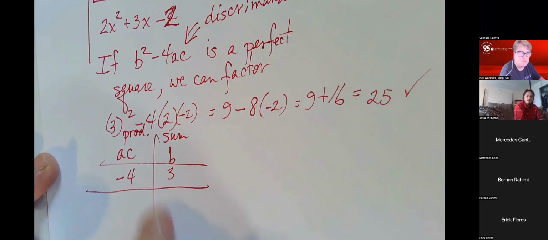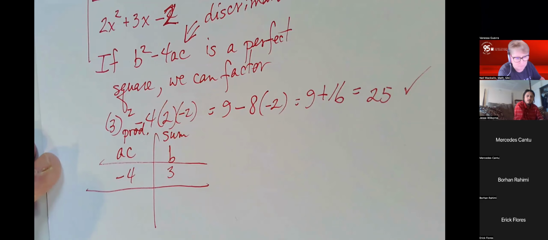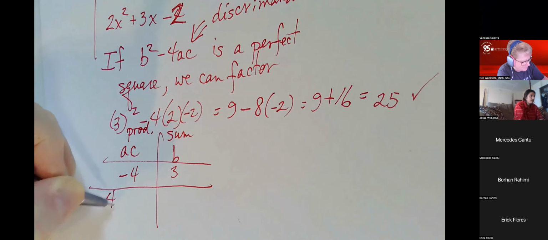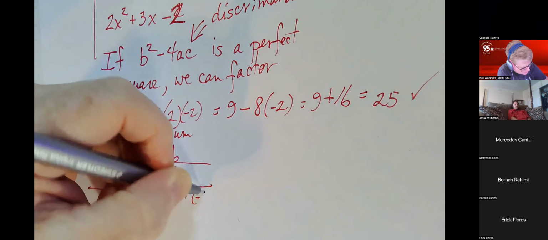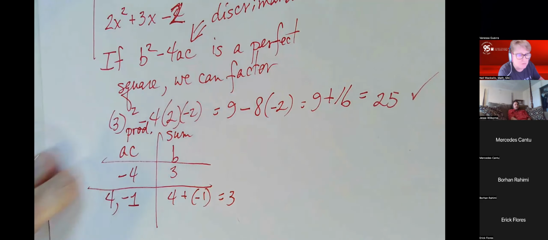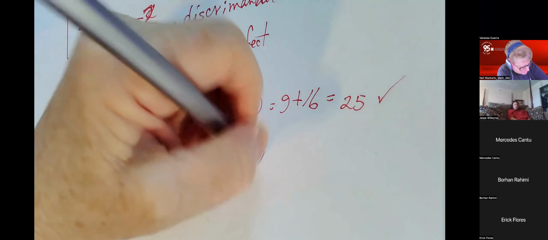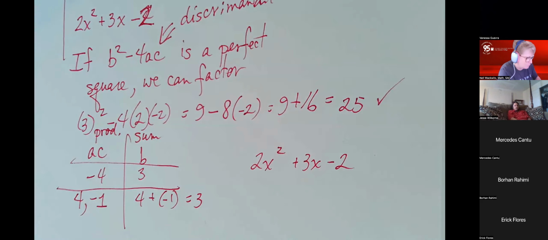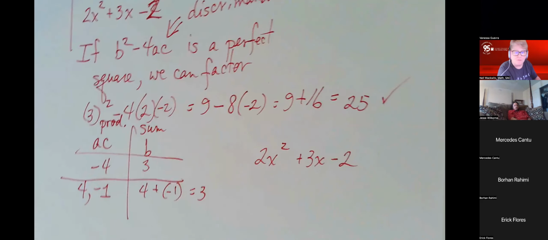What are any two numbers whose product is -4? How about 4 and -1? Because 4 plus -1 is 3, and that's what we want. So we're going to rewrite our quadratic. We're going to replace 3x with +4x minus x, but I want to put the -1 first.